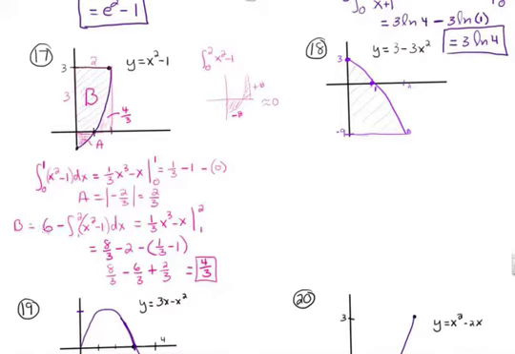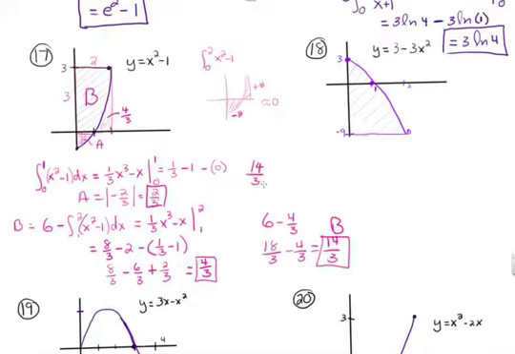So now I just need to do 6 minus 4/3, or 18/3 minus 4/3, which gives me 14/3. So that's the area of B. So I have B plus I have A. So the answer is going to be 14/3.